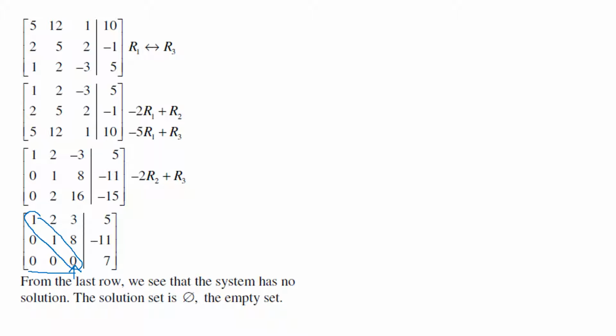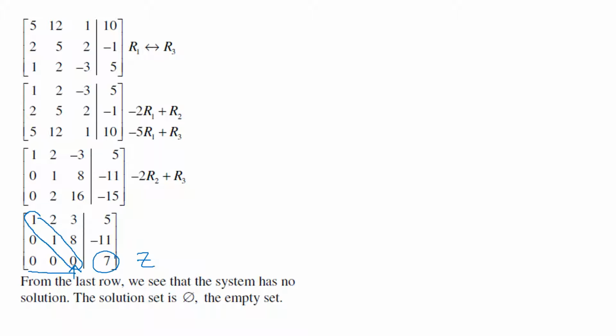So you get zeros across the bottom and equal to a number that isn't 0. And because this is not a true system, what that means is that there's no value for the z number that's going to be true for all three equations.